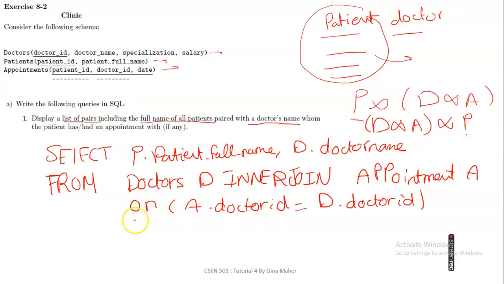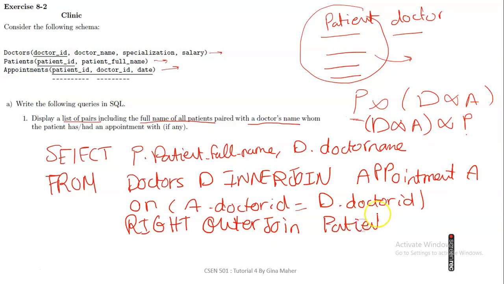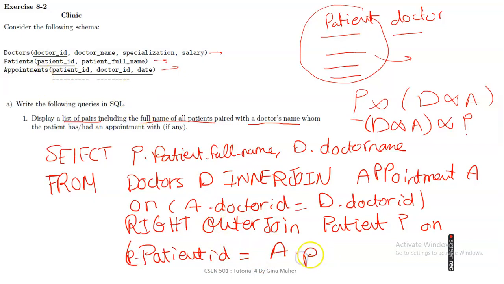So you are going to write right outer join patient P on P dot patient ID equals A dot patient ID.